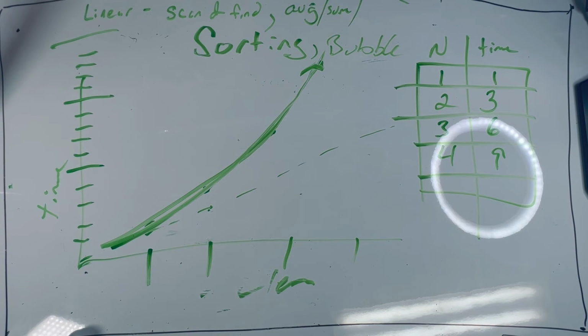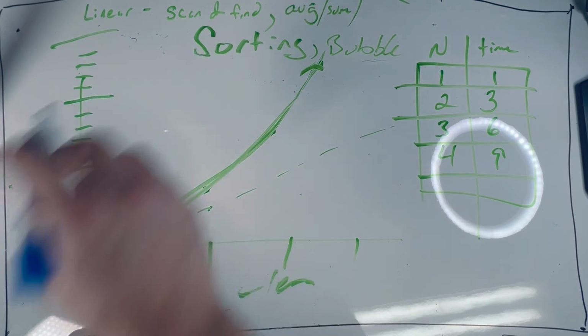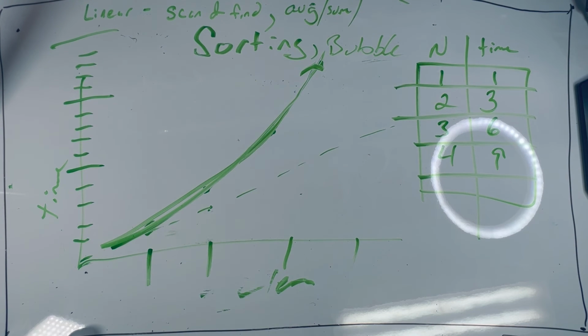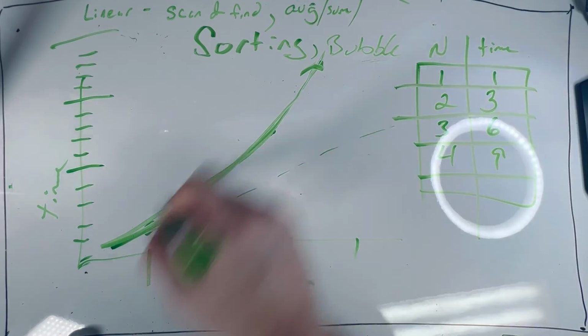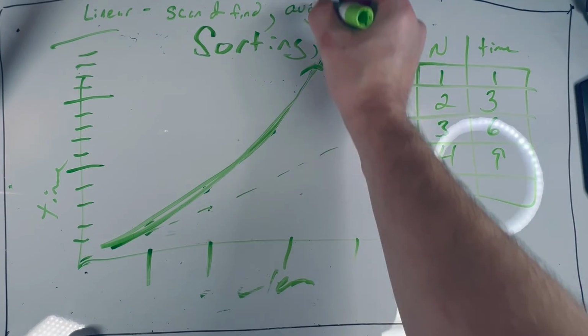I double checked, and this is an exponential path, because you imagine at some point in time this is going to become pretty darn near vertical.